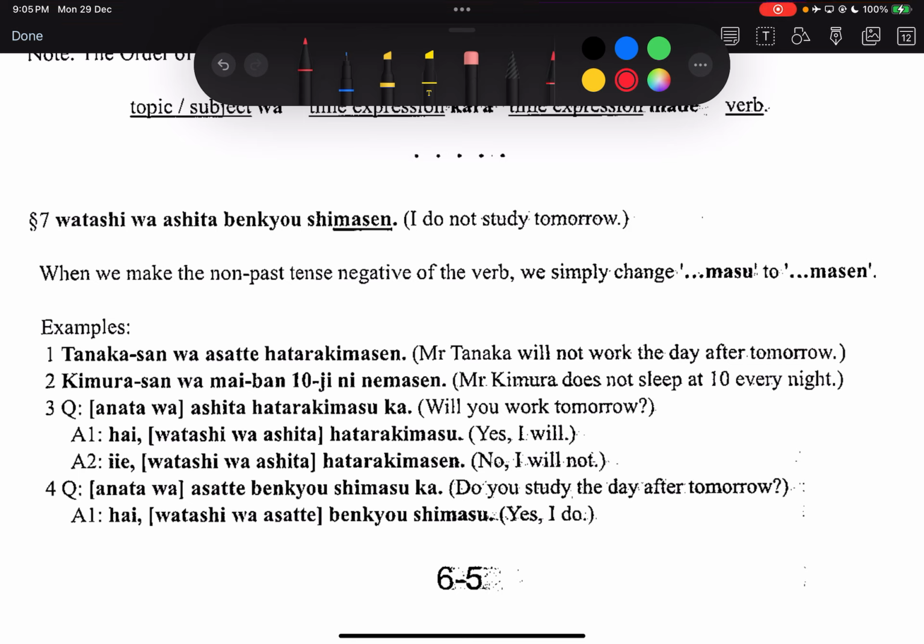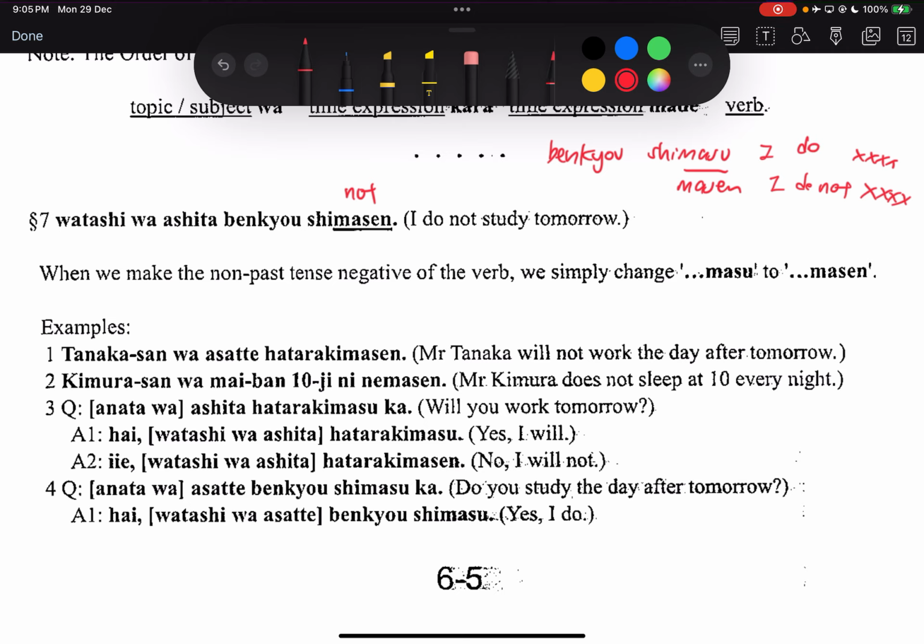So 勉強します means I will study. します means I will do something. But now it's しません, that means I do not study. Basically します can change to しません, which becomes do not study.